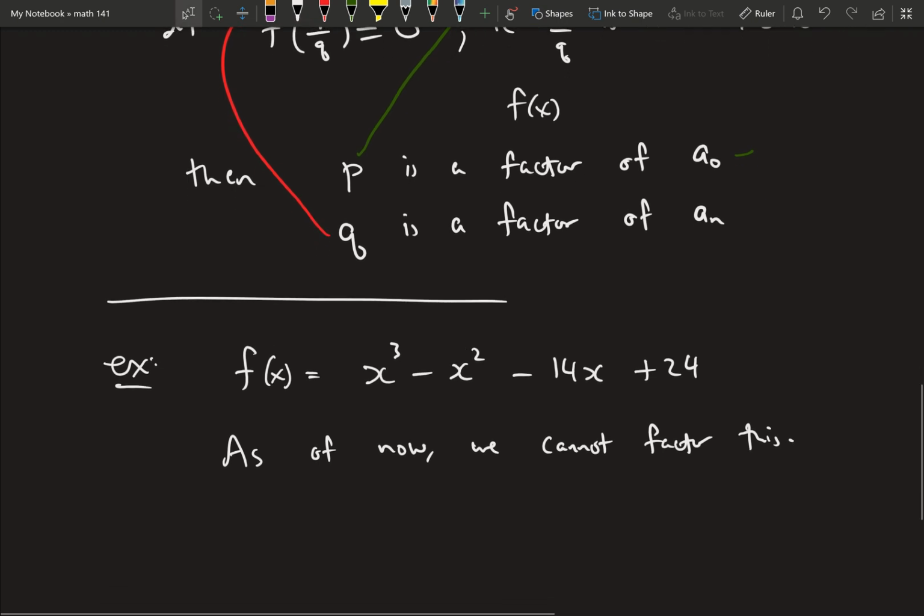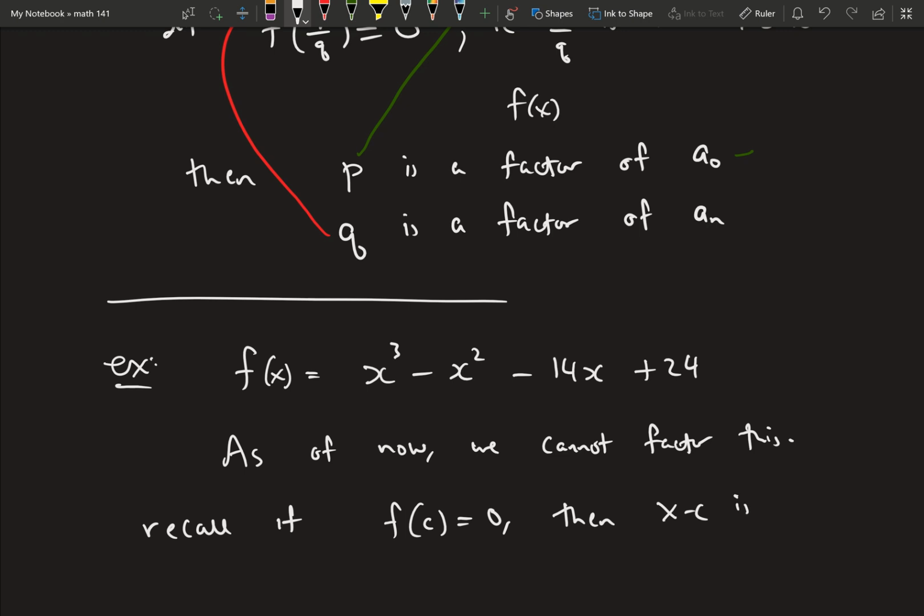If we wanted to factor it, we would need to know the roots. So recall that if f of c is 0, then x minus c is a factor of f of x. This is something that we saw in the last section.